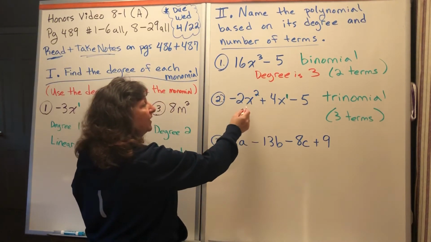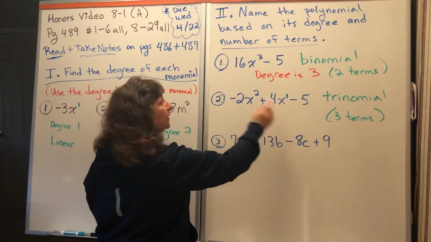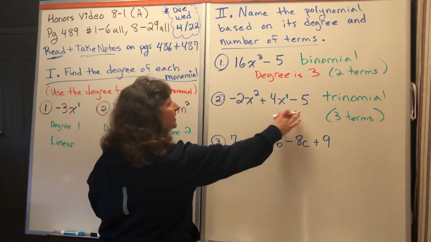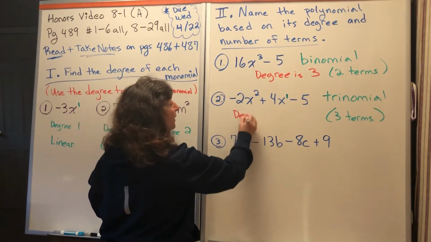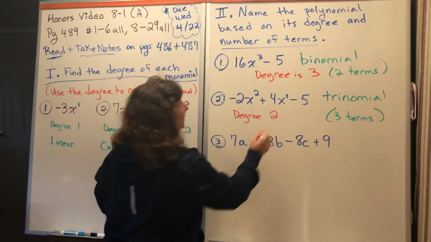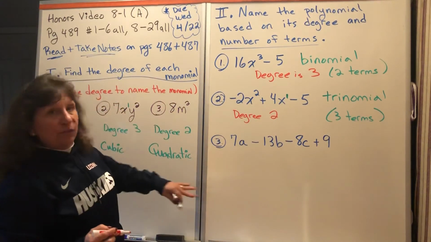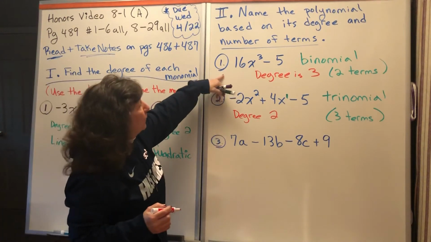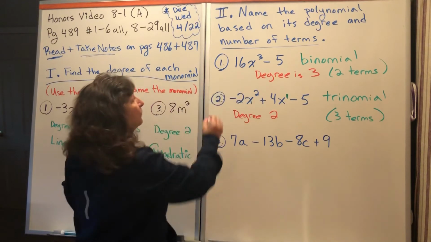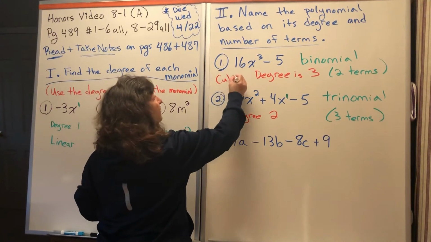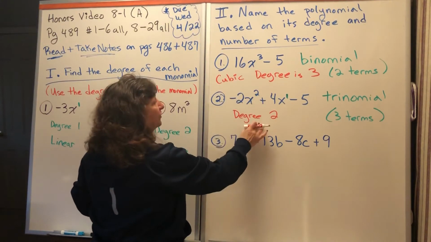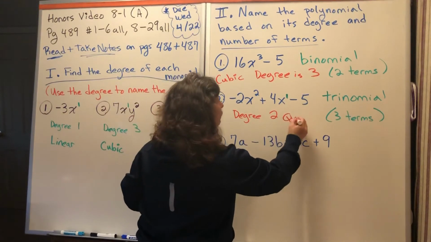So if the highest degree of the polynomial is a 2, then this expression is called a degree 2. And then we're going to go back and do the vocab. So in the first one, if it has a degree 3, we call it a cubic. If it has a degree 2, we call it a quadratic.